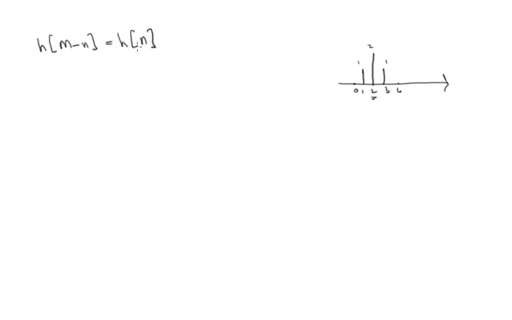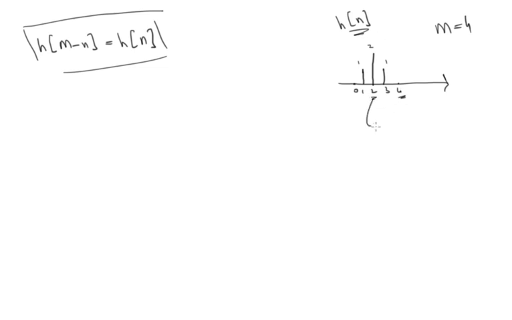So let me show you whether it is even symmetric or not. You have to prove this. Here m is equal to 4, which is this point, and you want to show that this impulse response h of n is symmetric around m by 2, which is equal to 2.